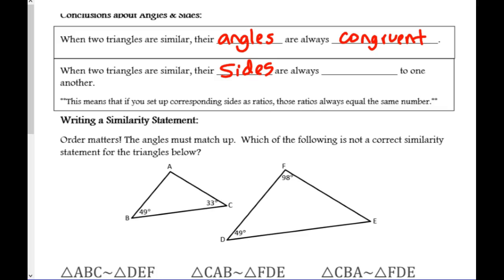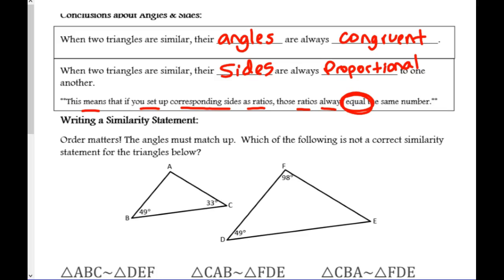That P word we just talked about. Proportional. They give you the same fraction for each corresponding relationship. Now, that means, like we've said, if you set up corresponding sides as ratios, the ratios are always equal.